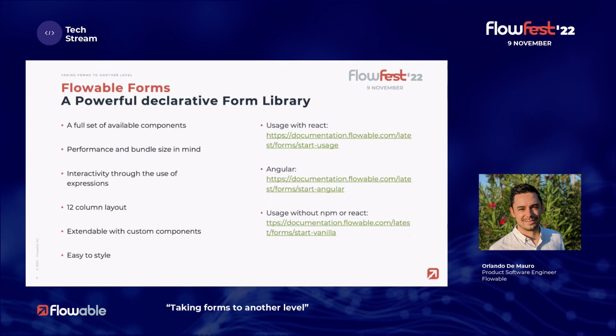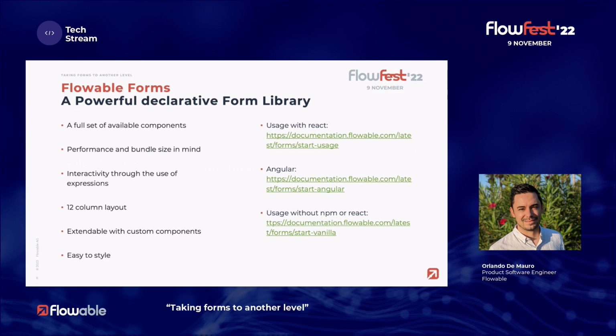So here we can see one of the main features of the library. We have a full set of available components out of the box, like wizard input, and also simple input text, data input. It is built with performance and bundle size in mind. We have interactivity through the use of expressions. I will explain later on what expressions are.